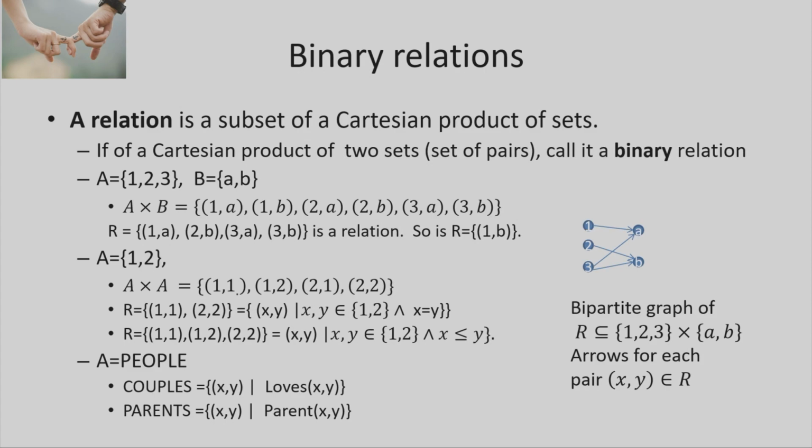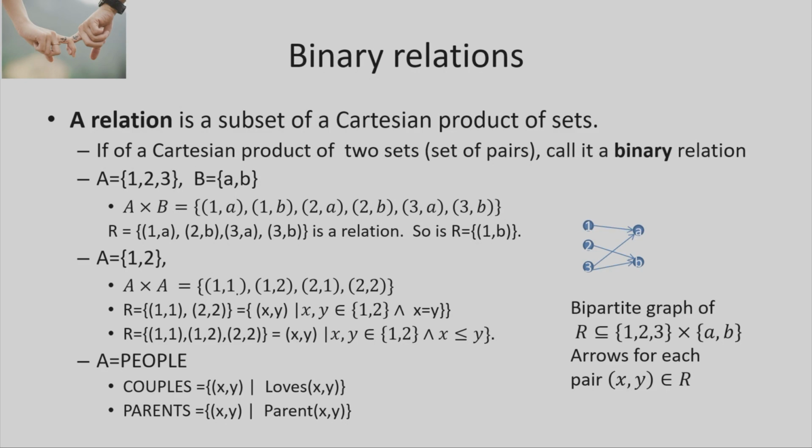For example, if A is 1, 2, 3 and B is A, B, the same two sets that we used in the definition of Cartesian products, then we have 6 possible pairs. So the Cartesian product of A and B consists of 6 pairs, each pair of 2 elements.